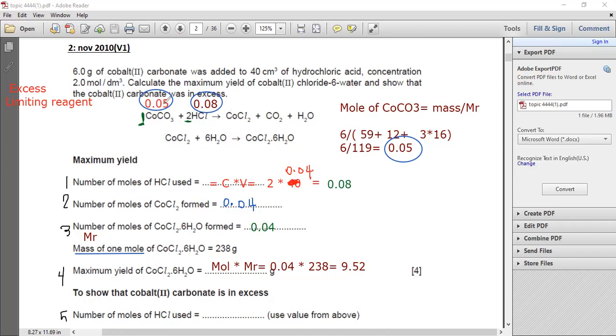So HCl is supposed to be what? Who can tell me? Yes. HCl is supposed to be double cobalt carbonate from the mole ratio. I know cobalt carbonate is 0.05.